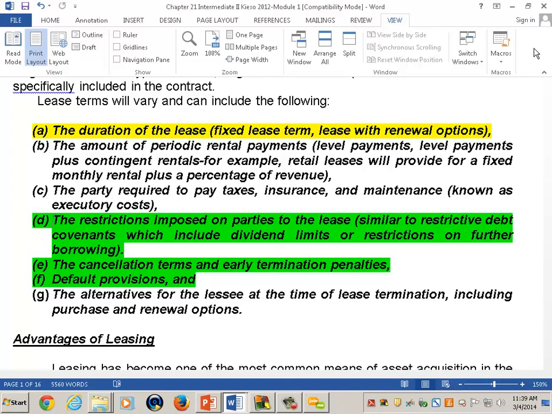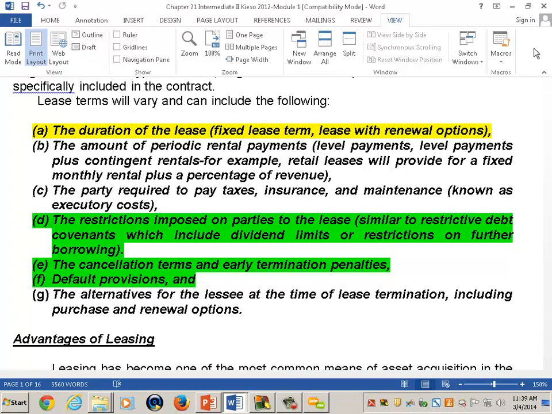Let's say it's a $30,000 automobile. You lease it. After 3 years, the dealer said you could buy it for 15. That's probably fair value. If the dealer tells you in the contract you could buy it for 1,000, that's a bargain purchase option. So the bargain purchase option, as we'll see, is an option to buy the asset at a price that is substantially below its expected fair value at the time the contract expires.